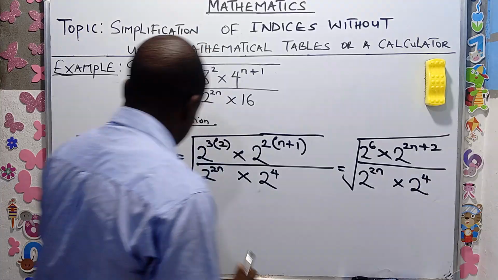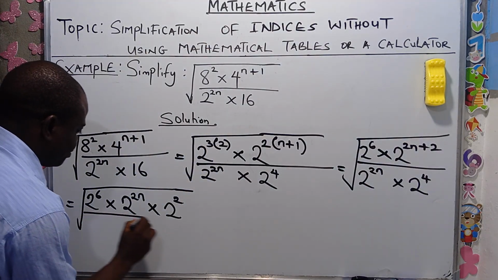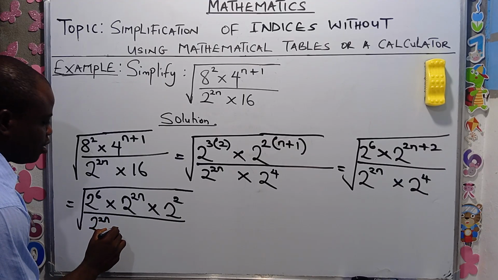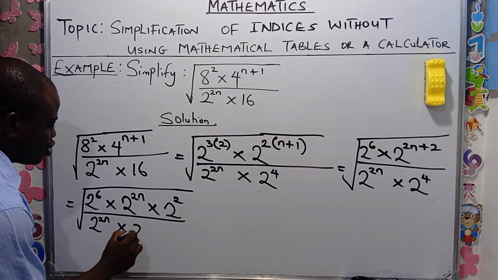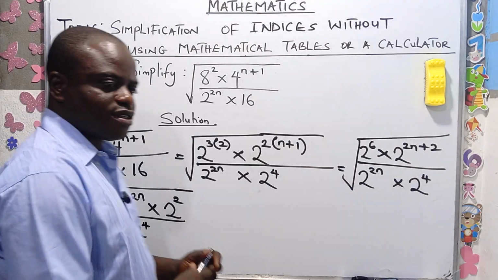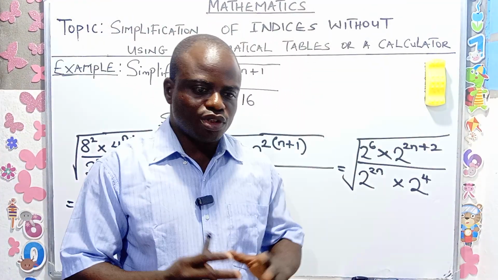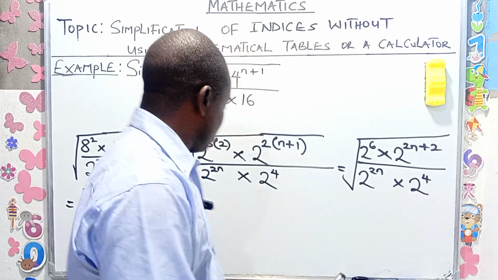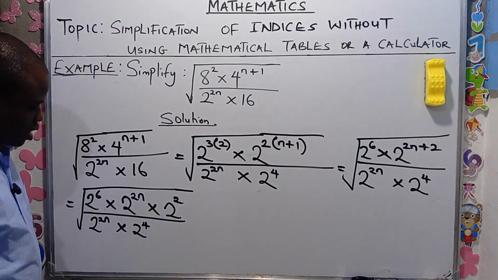Divided by 2 raised to power 2n times 2 raised to power 4. Indices is a very simple topic, but you have to know all the laws of indices.